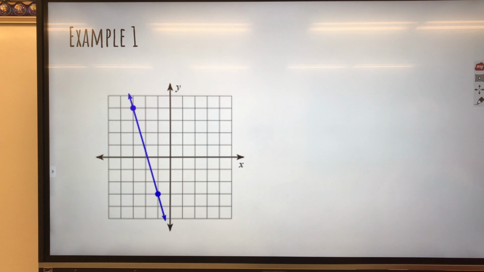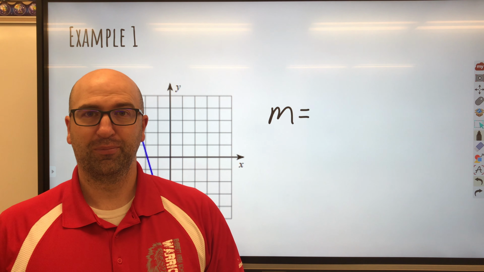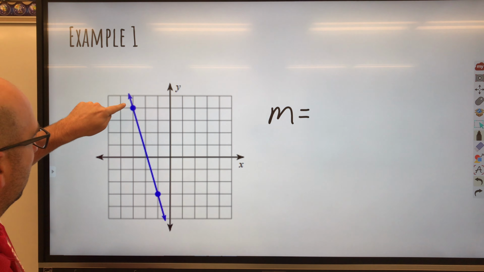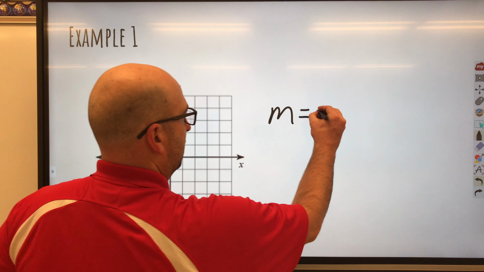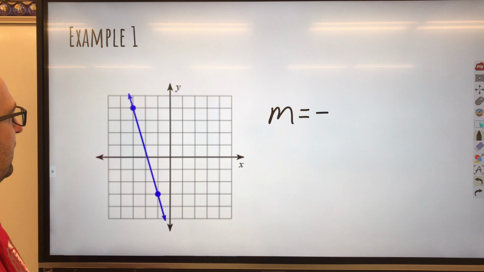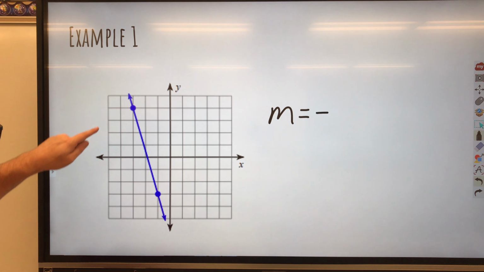So let's look at another example here. I'm going to go ahead and put my m equals for my slope. First thing, is my slope going to be positive or negative? It's going to be negative because from left to right, my line is going down. I'm going to go ahead and put a negative symbol here. Now, I'm going to do my rise first. Now, rise is just my vertical.